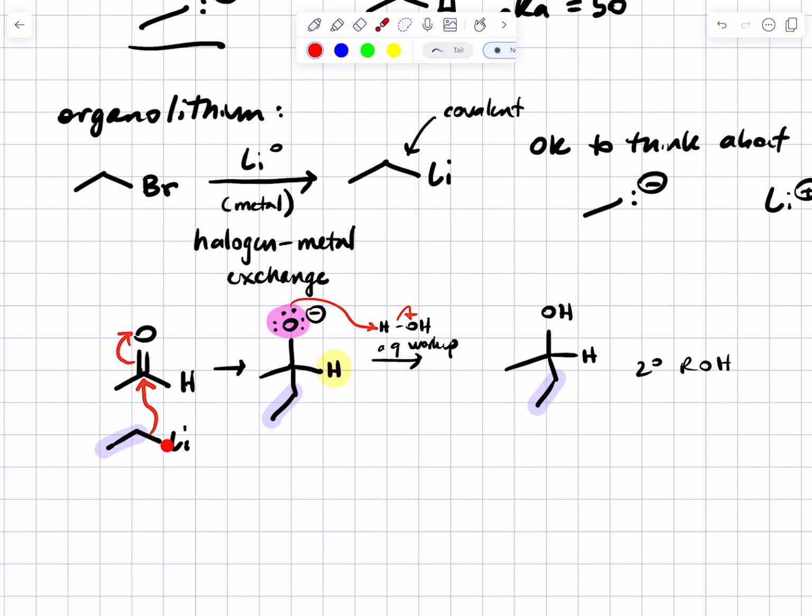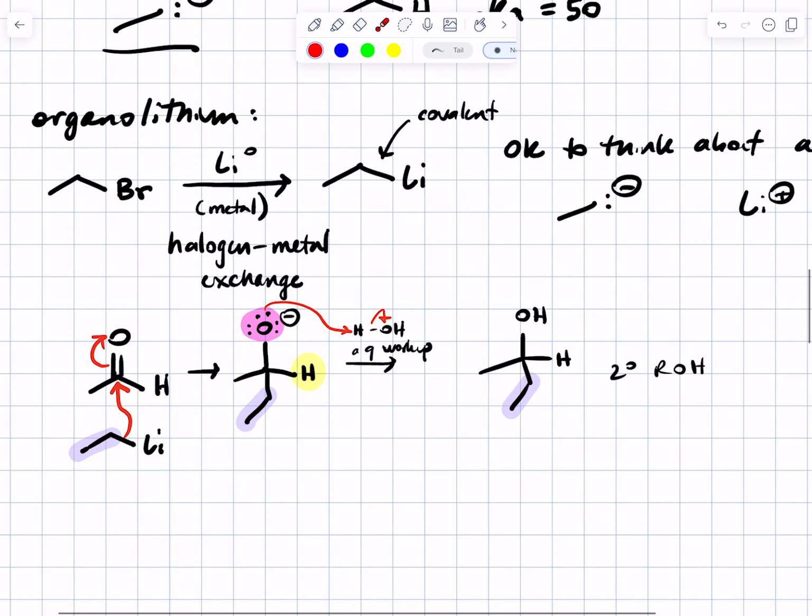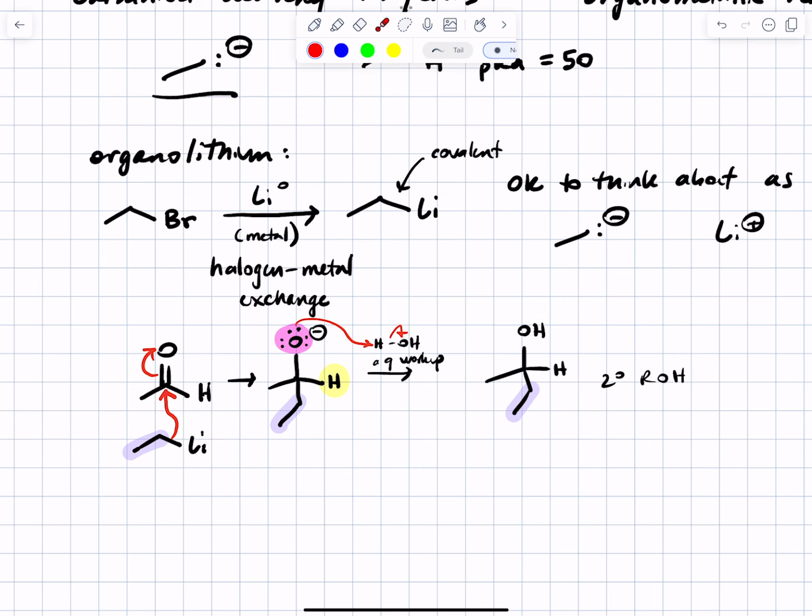Yeah, the bond between lithium and carbon is high enough in energy that dumping it into the carbon-oxygen pi star is reasonable. That's why I said it's fine to think about this as being this carbanion. You wouldn't have any trouble looking at this and saying, oh, the highest energy electrons are on the negatively charged carbon. And that is how the organolithium reagent reacts.